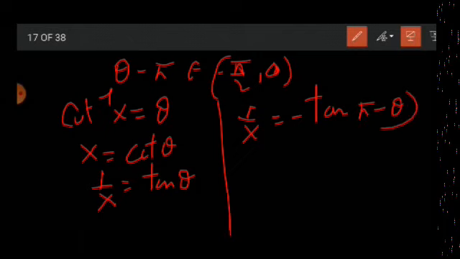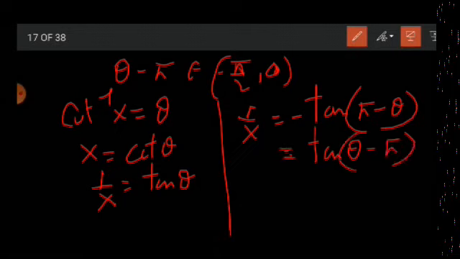Some can say tan of theta minus pi, because tan of minus theta is equal to minus tan theta. So 1 by x equals tan of theta minus pi.